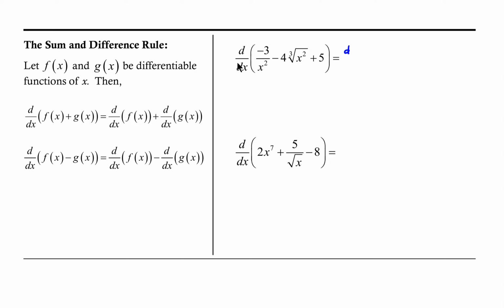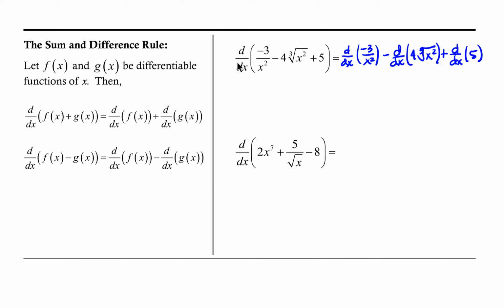So we will end up with the derivative with respect to x of negative 3 over x squared minus the derivative with respect to x of 4 times the cube root of x squared plus the derivative with respect to x of 5.